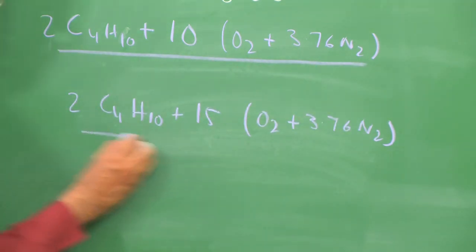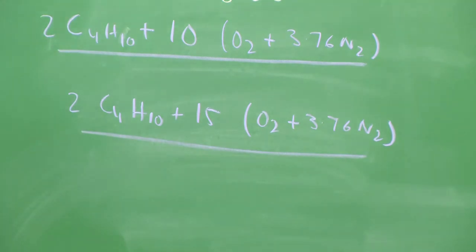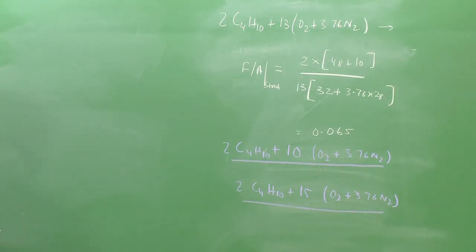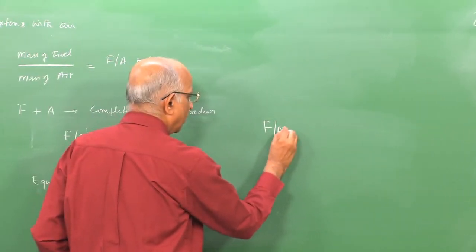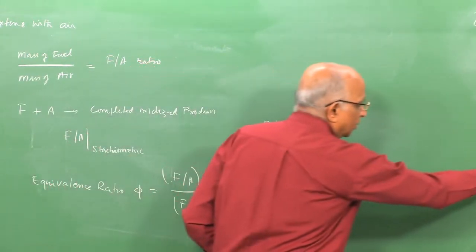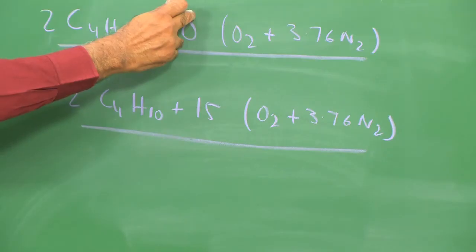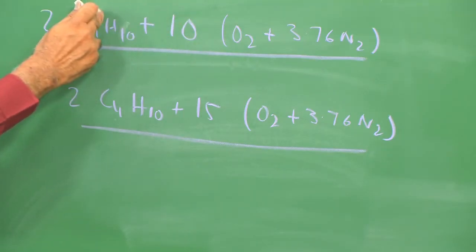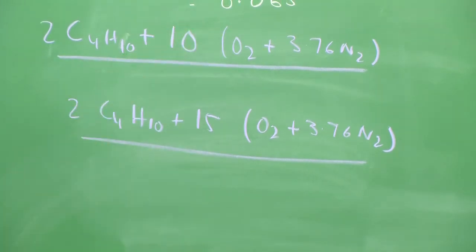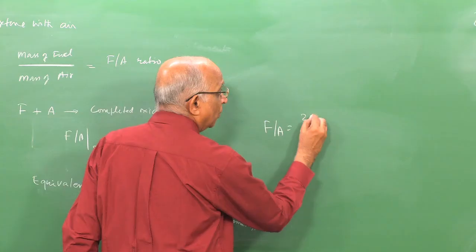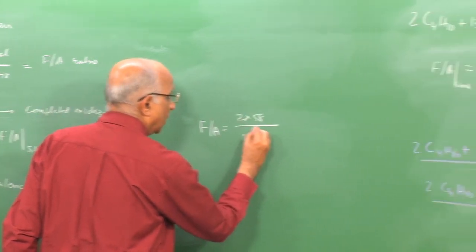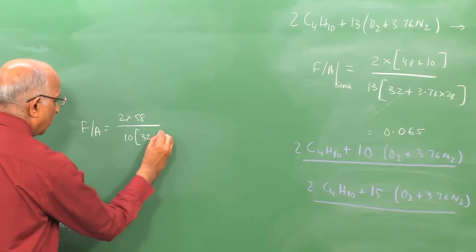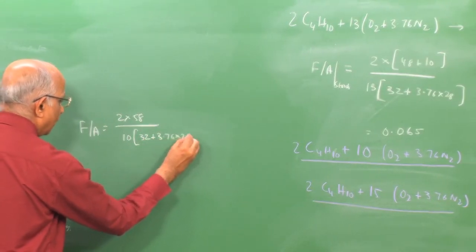Let us put the values down. When I have the lesser amount of air, which is fuel rich or oxygen lean, both are identical, it is equal to 2 into 58 divided now by 10 into 32 plus 3.76 of 28.